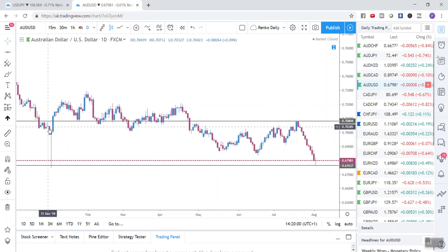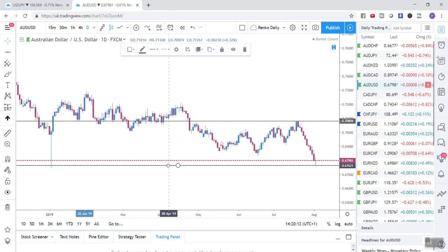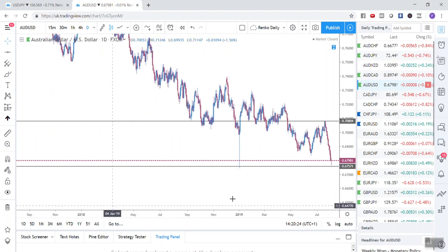We can see previously, the beginning of the year, the market came down to here and then shot straight back up. Okay, we're fractionally shy of that, with the market being currently here. Came down, tested this area again, and rejected. Okay, this is the daily time frame.